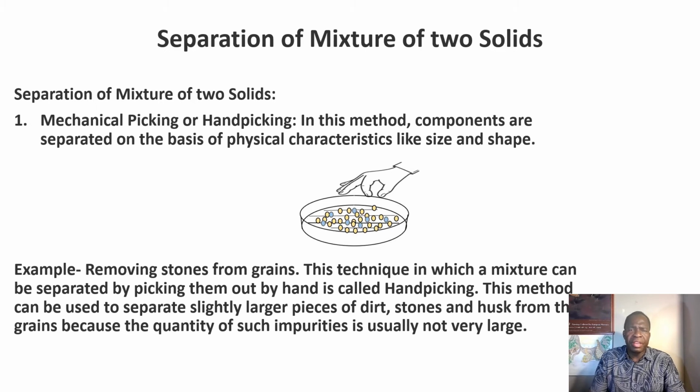As you can see on the image, in this method the components are separated on the basis of a physical characteristic like size and shape. You just pick the pieces and separate them using your hands.